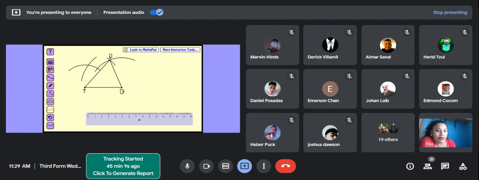Next, miss. Okay. Now what you're going to be doing is labeling and connecting the points. So we're going to connect P to that and Q to this one.